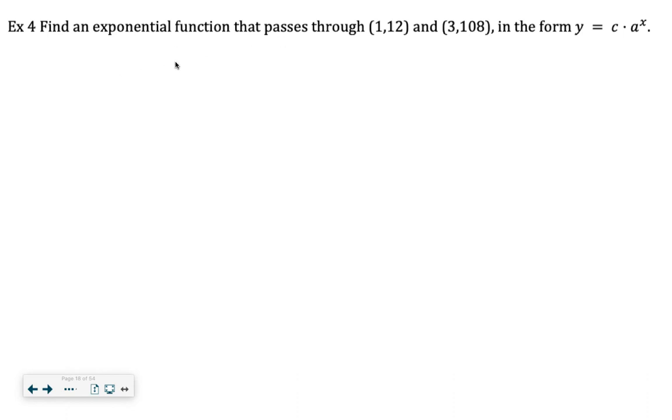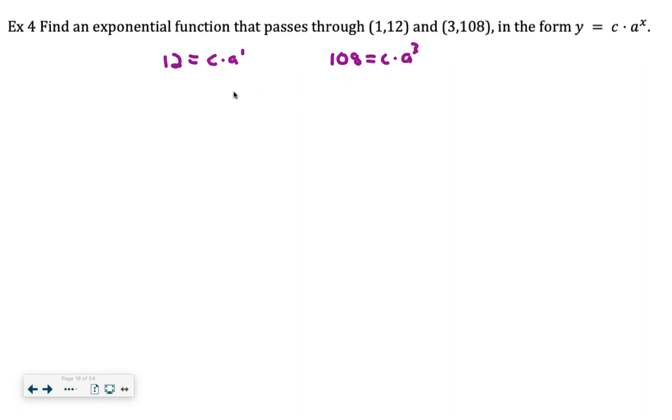So if I plug 12 in for y, equals c times a to the first, and then I'm going to take this point and plug it in separately. So I'm going to plug in 108 for y equals c times a to the third power.